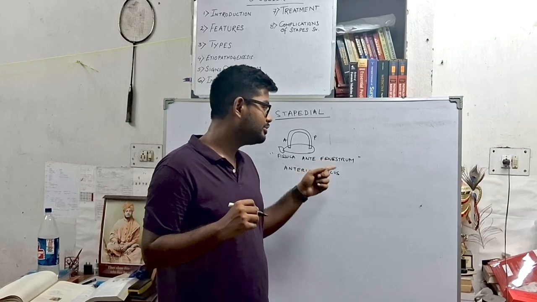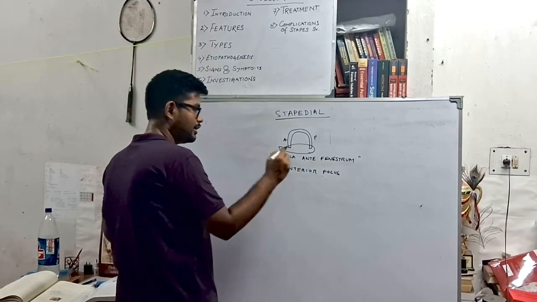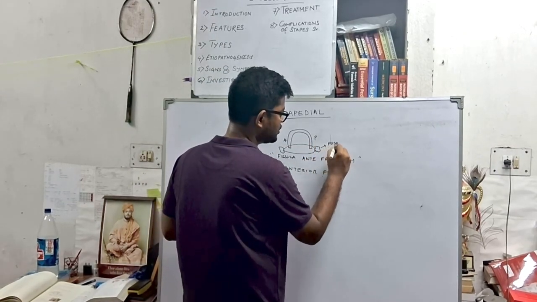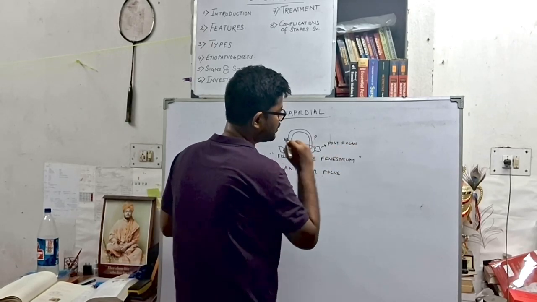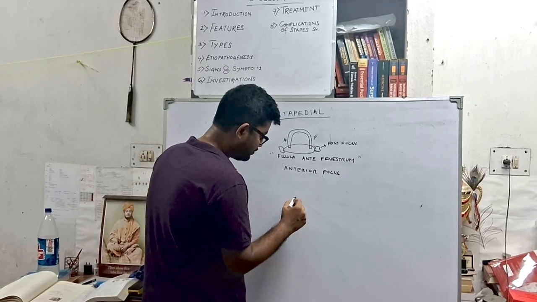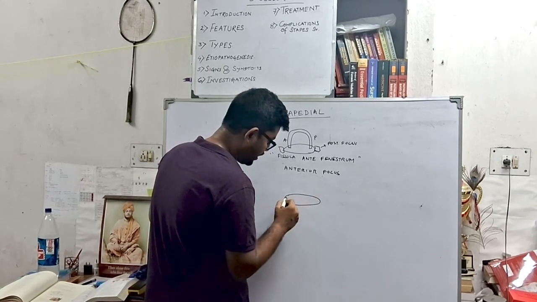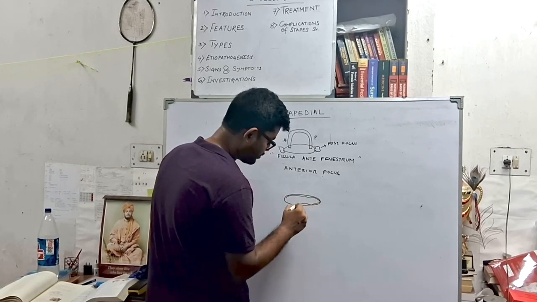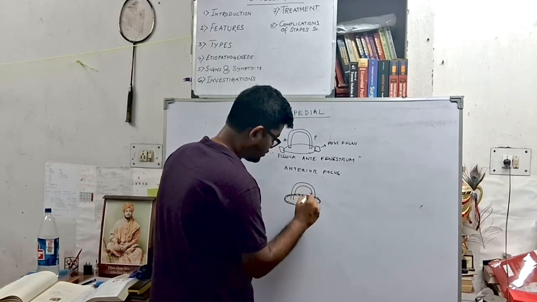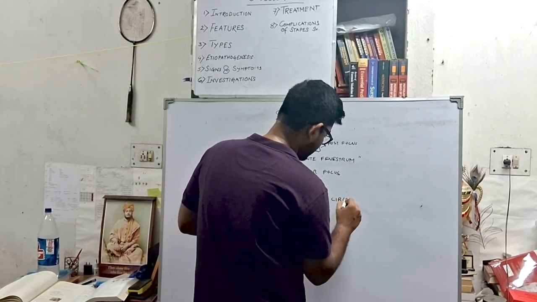According to the region of involvement, stapedial otosclerosis can be of a few other types. It can involve the posterior region, which is called a posterior focus. It can involve the margins of the footplate, and then it would be called a circumferential type.